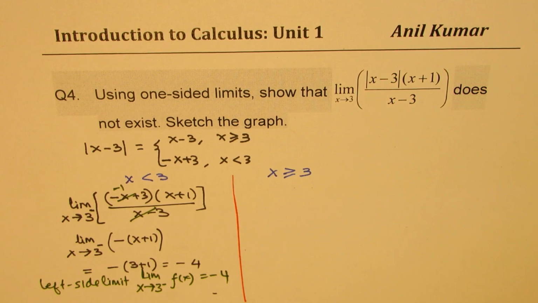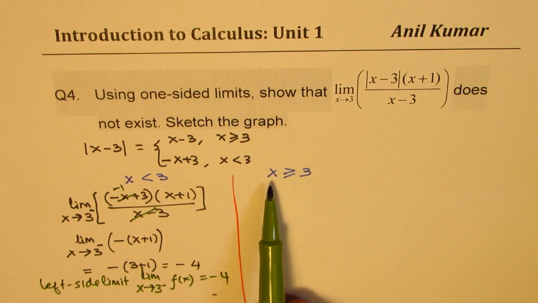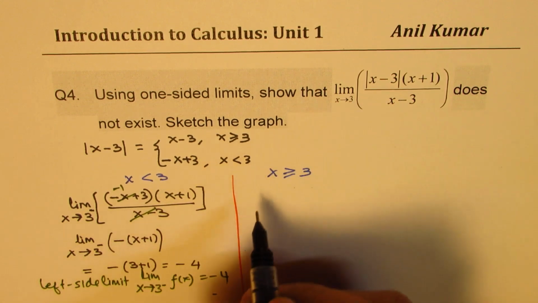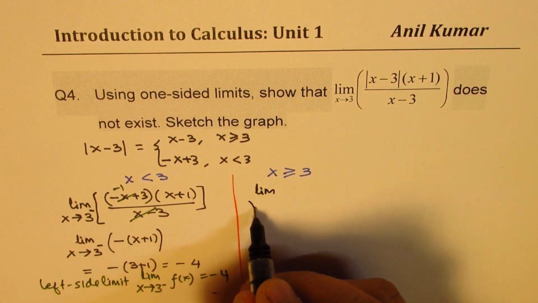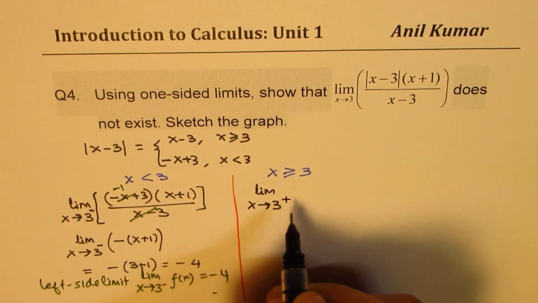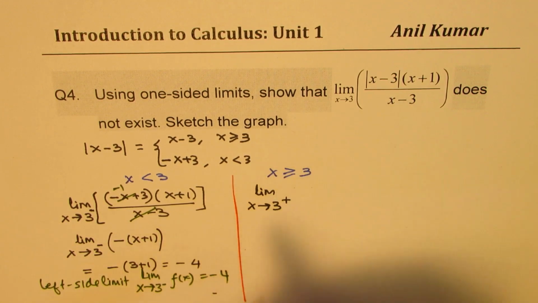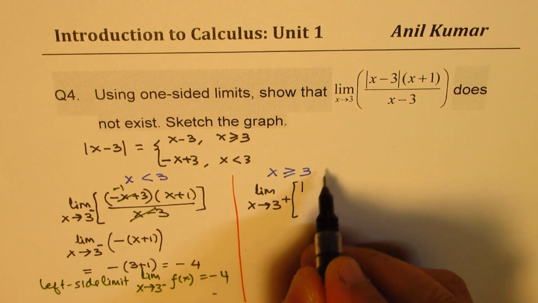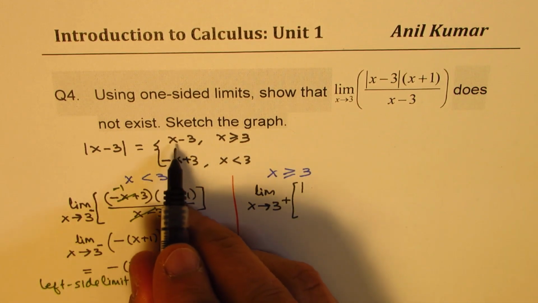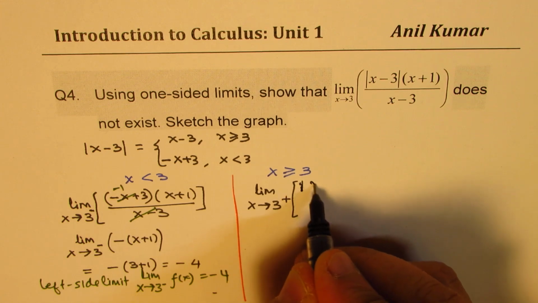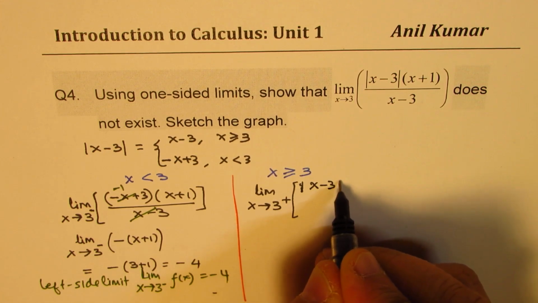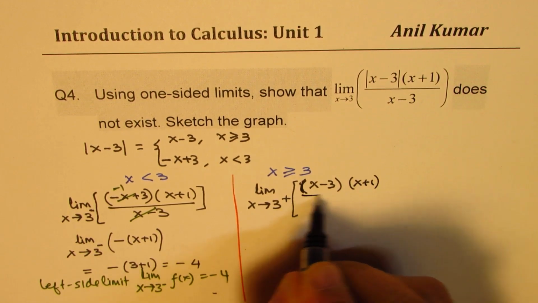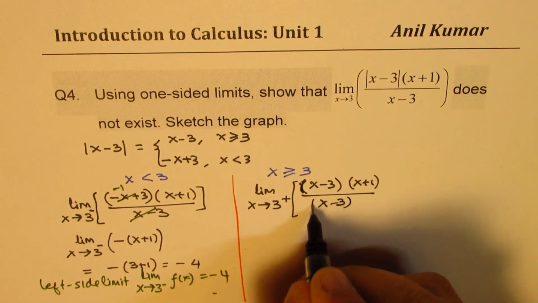Is that clear to you? Now let's find the limit when x approaches from the positive side. So in that case, I could write this as limit x approaches 3 plus. That 3 plus indicates we are approaching from the positive side. And what we have here is the absolute value, which I'm going to write as x minus 3, right? Times x plus 1 over x minus 3.